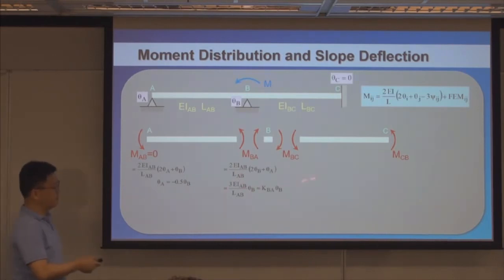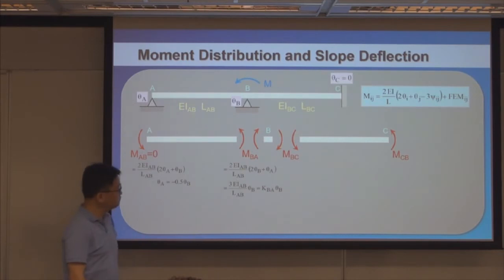Now, for simplicity, we call this stiffness coefficient KBA. So we just replace this with KBA for simplicity. All right, similarly, MBC.